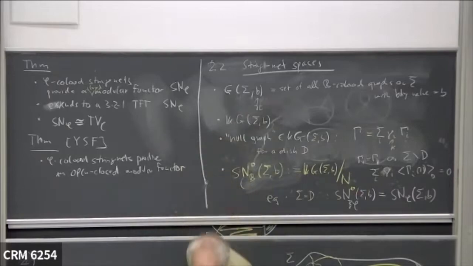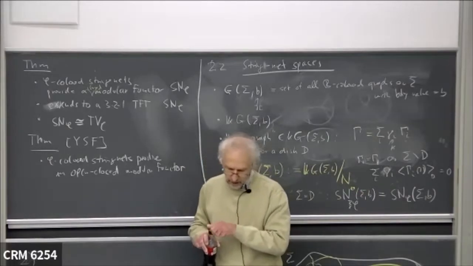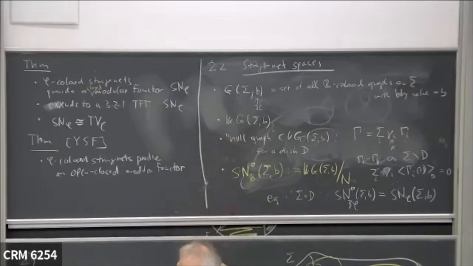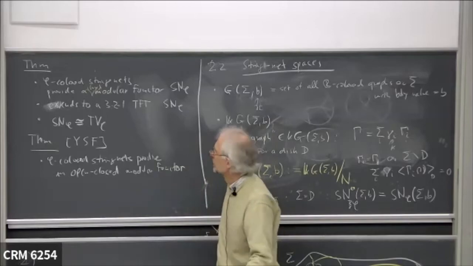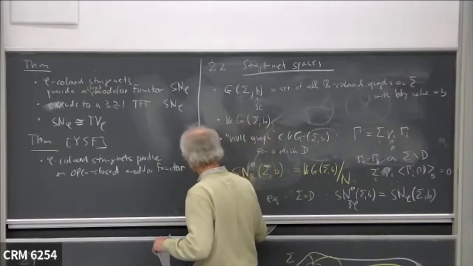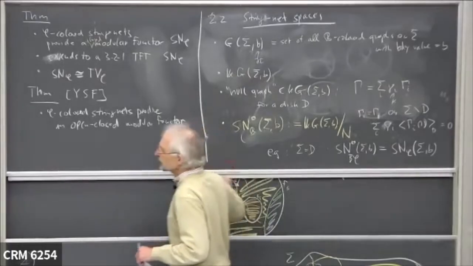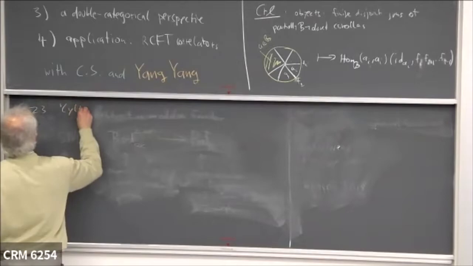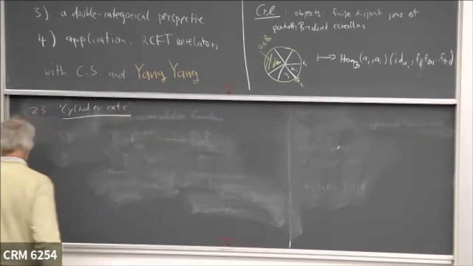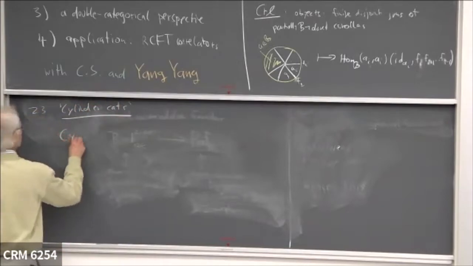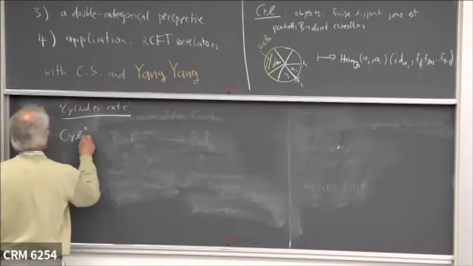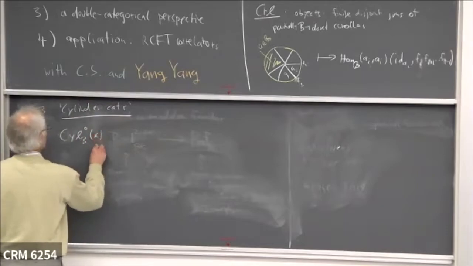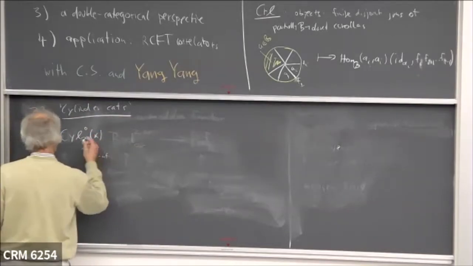Then, once we have them, we can now define categories associated to one-manifolds, and these are called cylinder categories. Why? Because we call it Cyl with this index 0 and an index B, which I might suppress then, and then alpha would be a one-manifold, which we assign this.